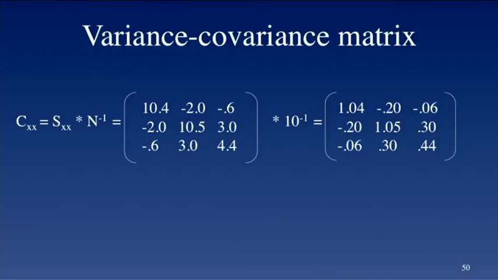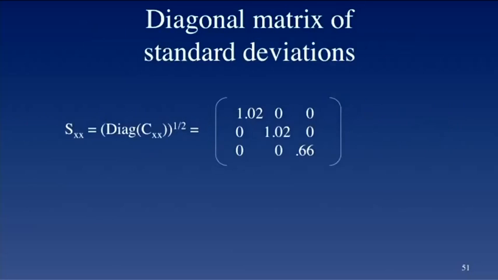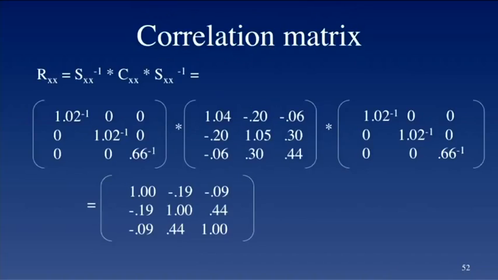So now you're smelling it. We're getting close. We're almost at the correlation matrix. All we have to do is take a diagonal matrix that has the standard deviations. That's just the square root of the diagonal entries of the variance covariance matrix. And if we pre and post multiply the variance covariance matrix by that, that gives us the correlation matrix.